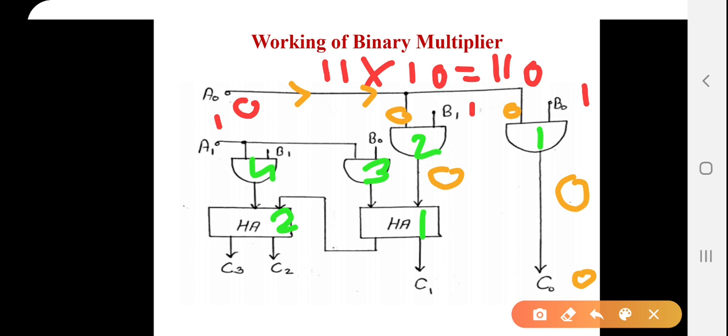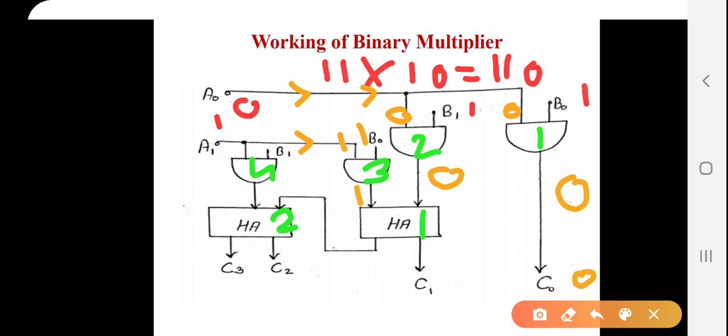Now let's come to AND gate number 3, where we have already assumed B0 as 1. Now from this direction A1 is coming, and A1 is also assumed to be 1. So at the input terminals of AND gate number 3 we have inputs 1, 1, so it will produce output 1.